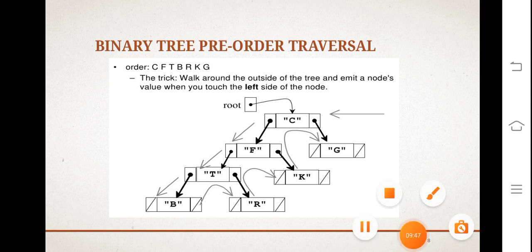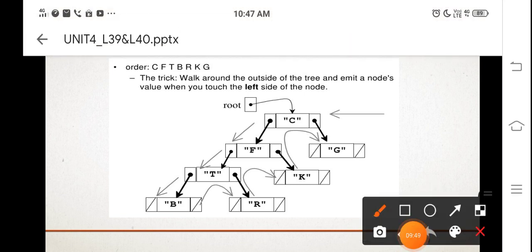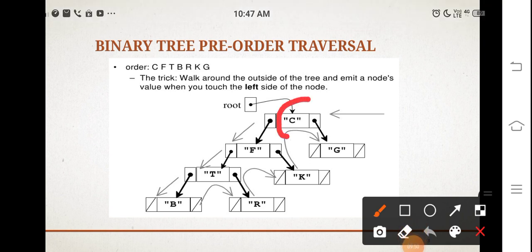So first we process this root, that is C. I have written it here in the order: C. Then we have to process the left subtree of the root node C. The root of the left subtree is F, and we process this.